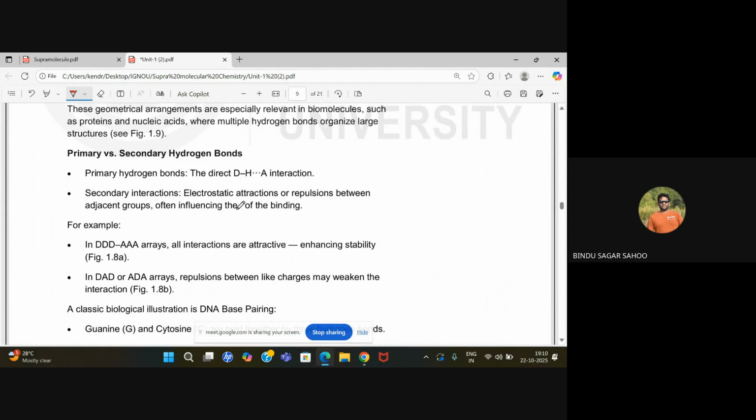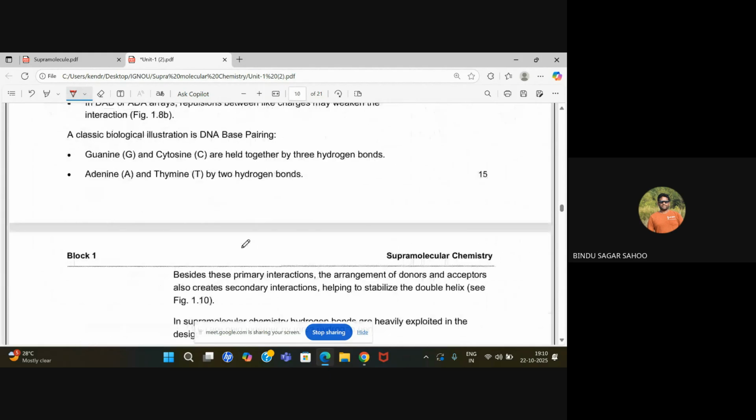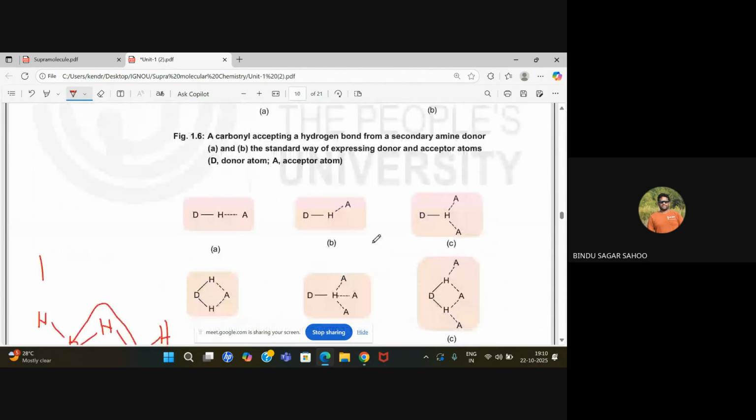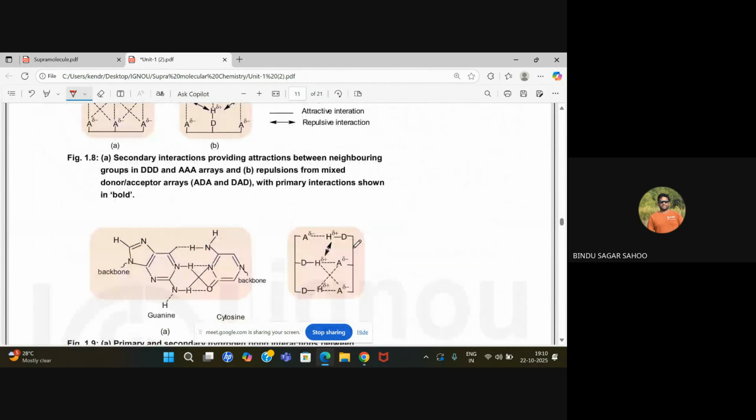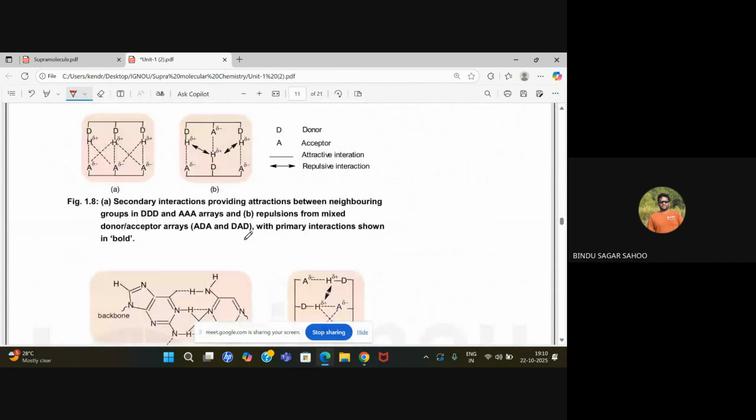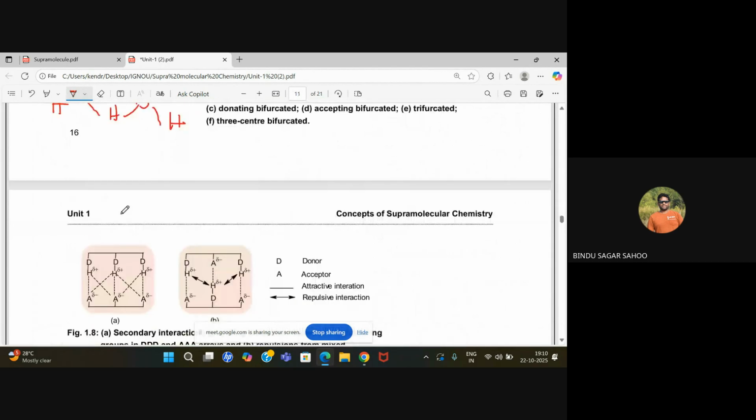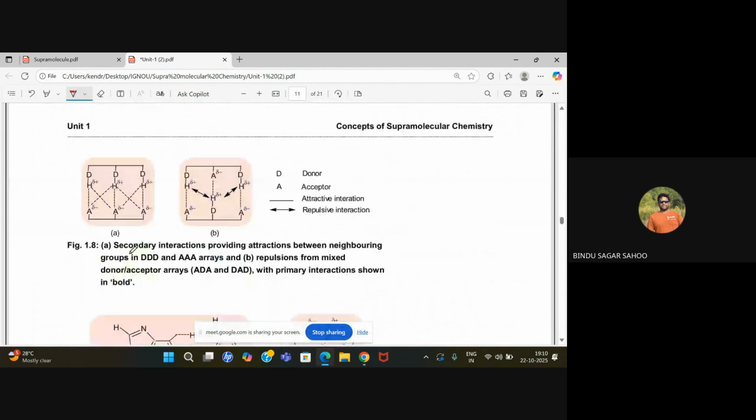So one by one, we'll check what are primary interactions and what are secondary interactions. In the example, we can see both primary and secondary interactions exist between the molecules. Here we can see in 18.A, the secondary interactions providing interactions between neighboring groups in DDD or AAA.